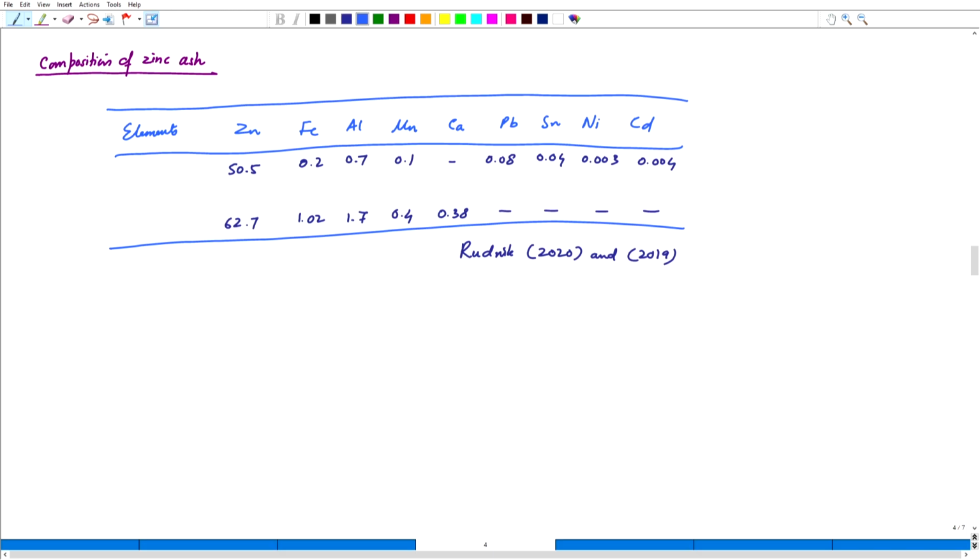So, we can see that this is the chemical composition of zinc ash, and of course, the references have been mentioned, and we know that these chemical compositions can vary from sample to sample and from production unit to production unit. So, it is important to note that in this given waste stream, we can see that about 50 to 60 to 62% of zinc is already available.